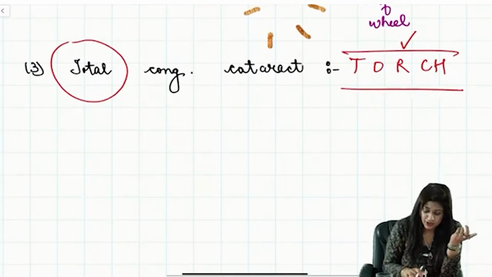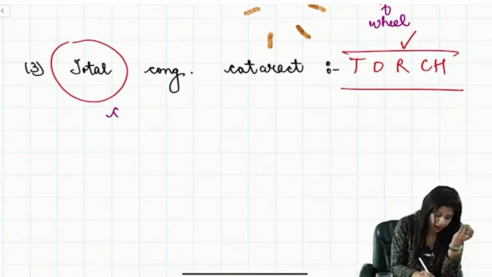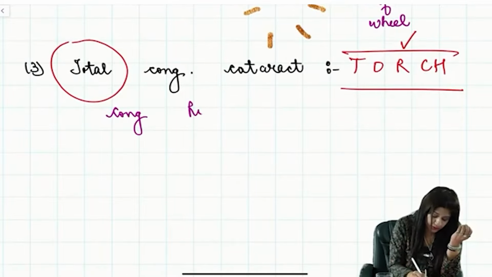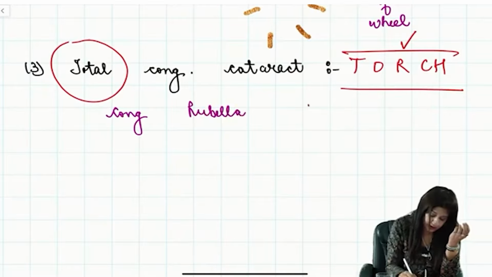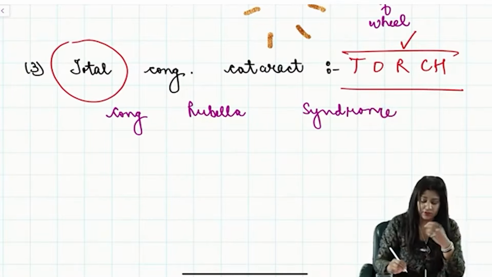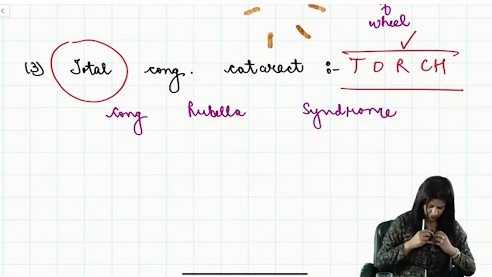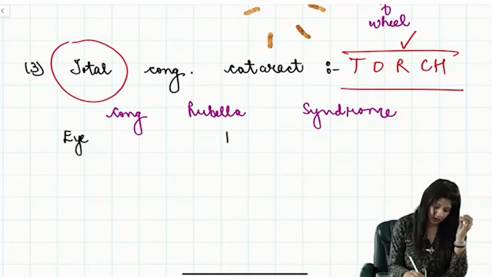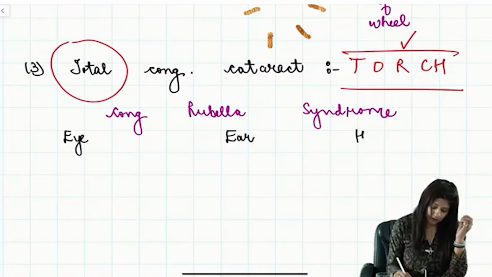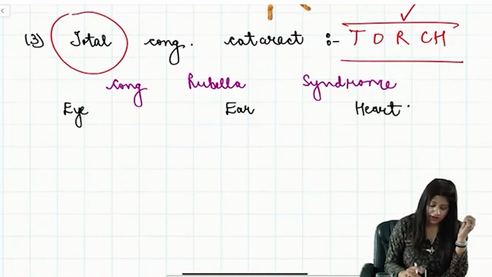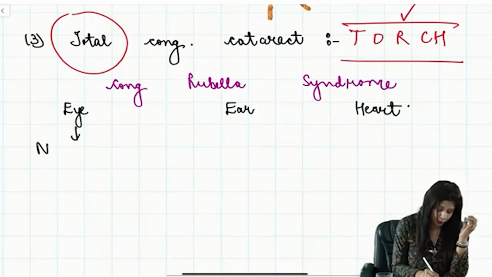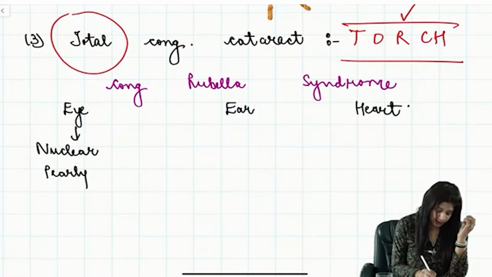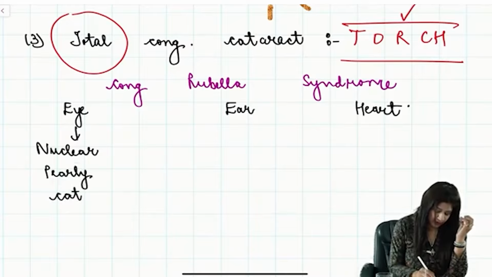What can happen to the baby? The congenital rubella syndrome. Yes. Now in congenital rubella syndrome, which organs are affected? The organs are the eye, then the ear and the heart. In the eye we have the nuclear pearly cataract.